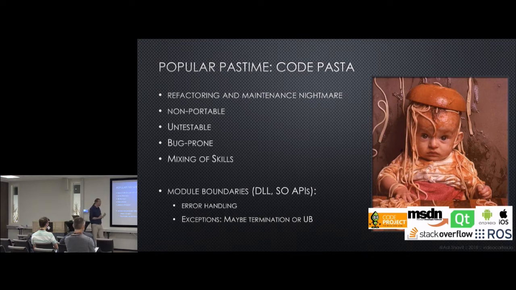And it's very difficult to separate the functional parts from the business logic, from the API, from the platform-specific, from the cross-platform parts. That makes the resulting code really very difficult to refactor, very difficult to maintain. It's generally totally non-portable. And of course, things like testability and fixing bugs become so much more difficult.